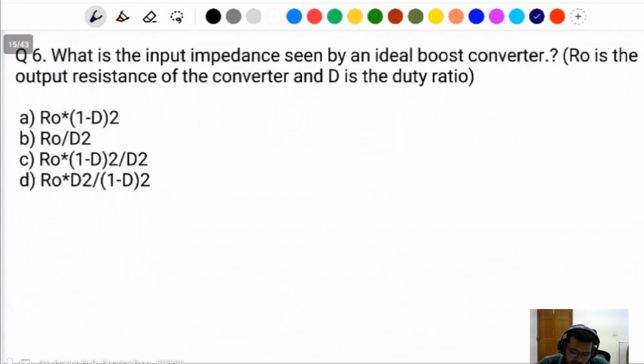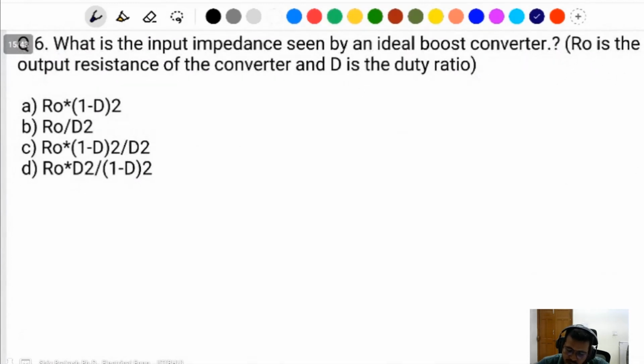Okay. Then what is the input impedance seen by an ideal boost converter? Same thing, I will draw it. R naught is the output resistance of the converter and D is the duty cycle. For the ideal boost converter, P in is equal to P output, so V in times I in equals V output times I output.